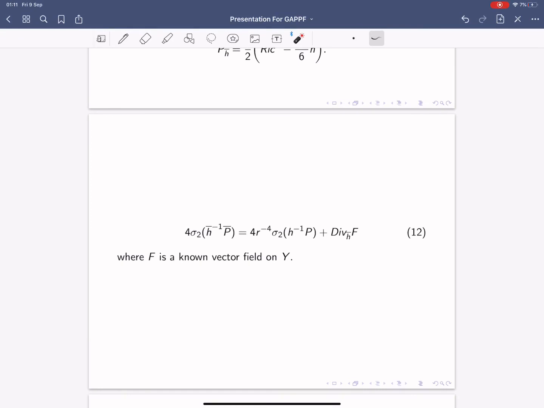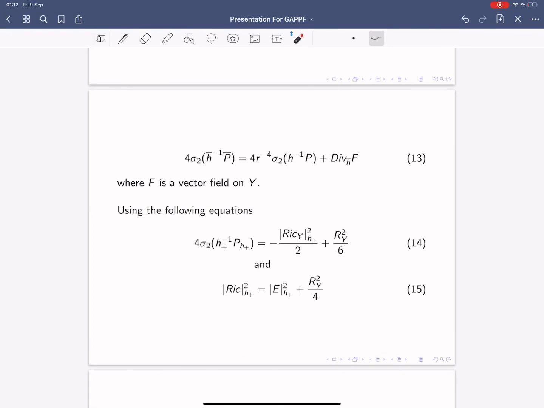And now, after a computation, it's quite a long computation, you can arrive at this. So you can rewrite this compactified sigma 2 like this, plus the divergence of some vector field with respect to h bar.